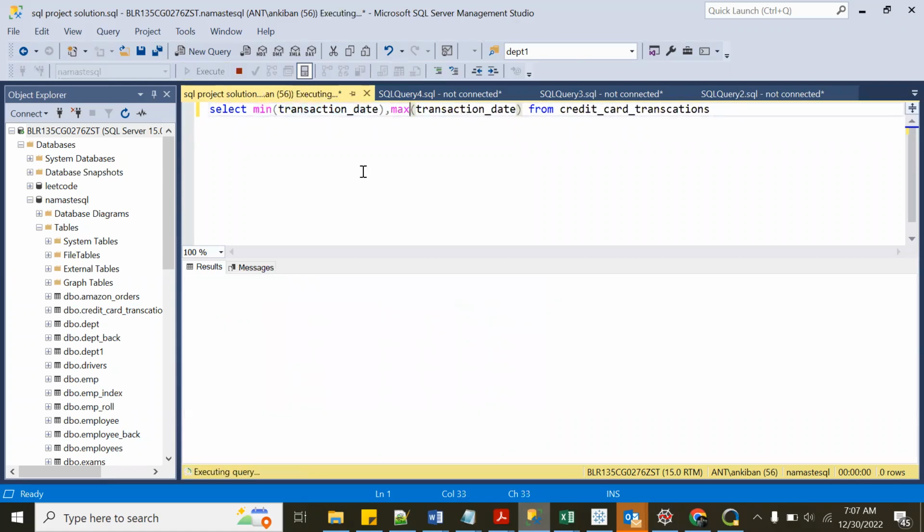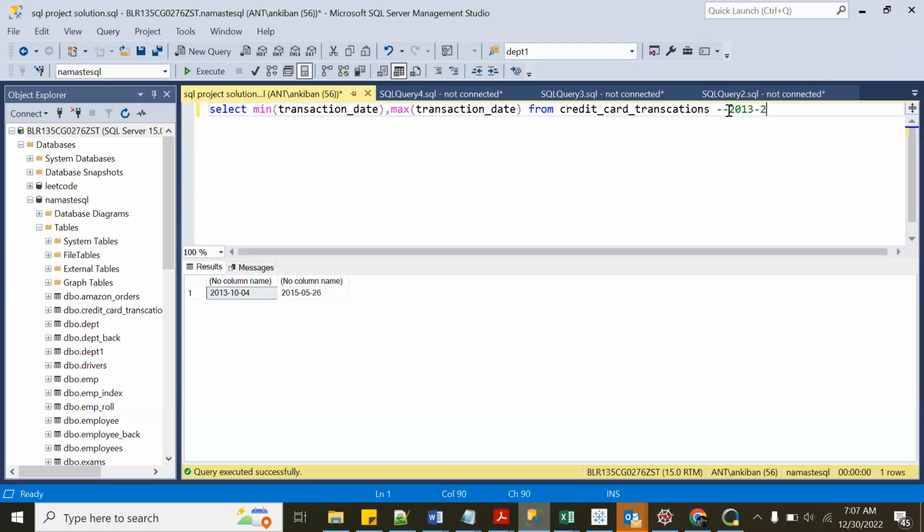If I execute it, we have data from 2013 to 2015. You can put these analyses in. So it is from 2013 to 2015.